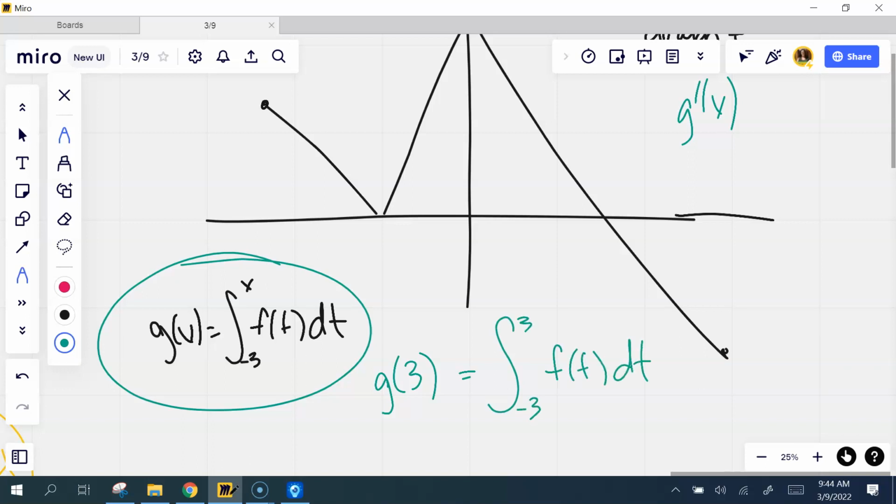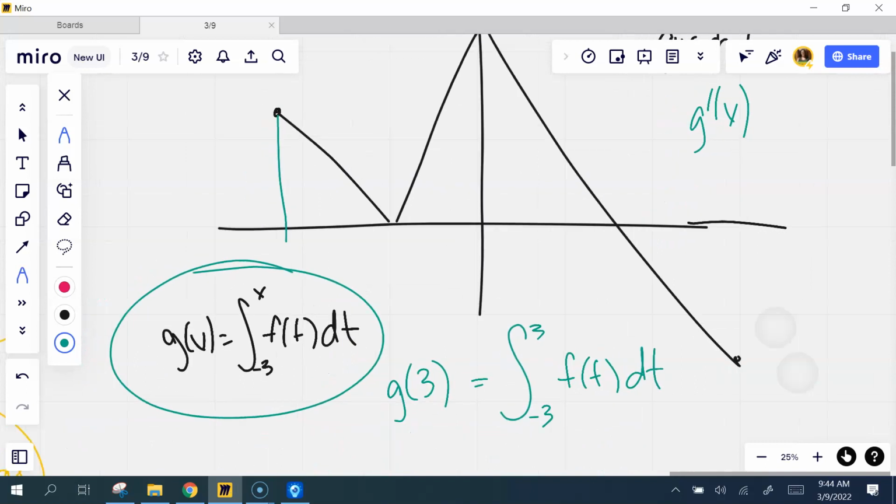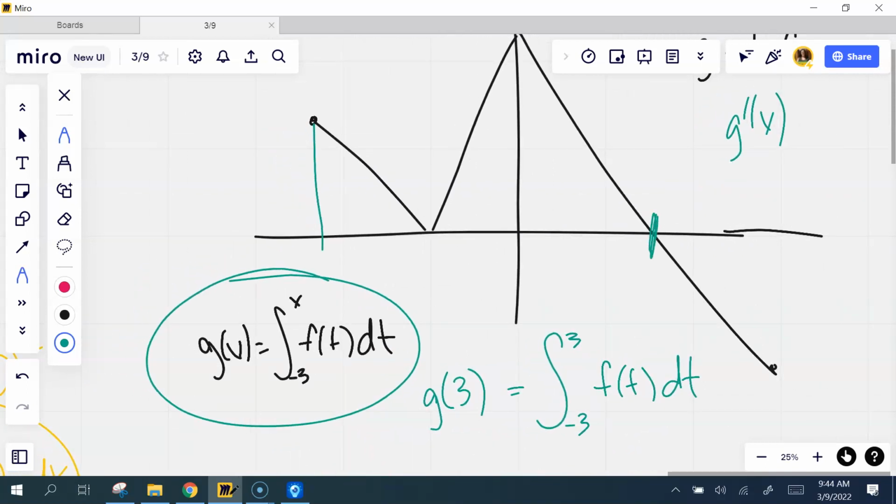Well, we have the graph, right? If I go from -3 to 3, it goes to here, or actually a little past, I think. You've got the area of triangles here. Oh, -3 is right here?